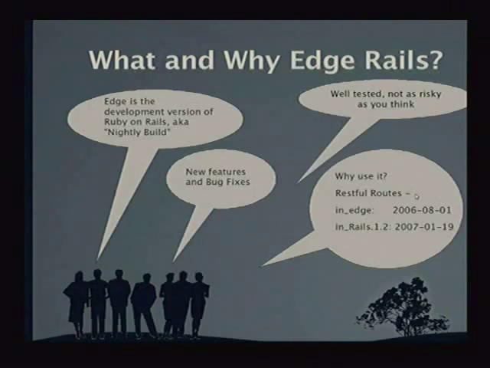Okay. So what and why is Edge Rails? For everybody who doesn't know or hasn't downloaded it, Edge is just the development version. It's what the core team is committing and the community is developing right now. Things that make it into Edge usually start off as plugins.